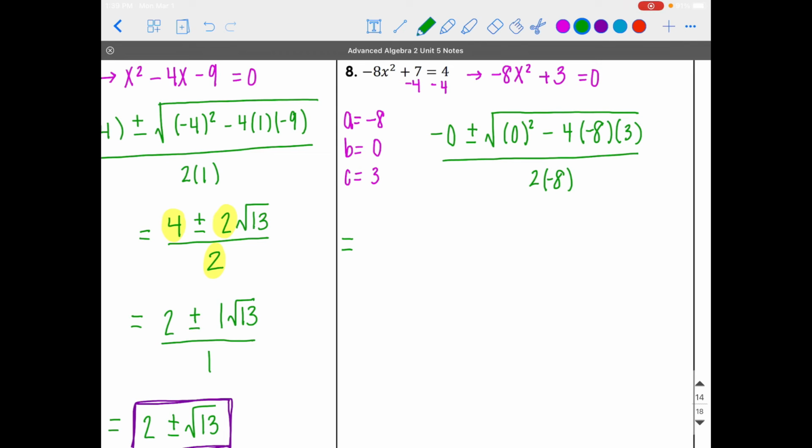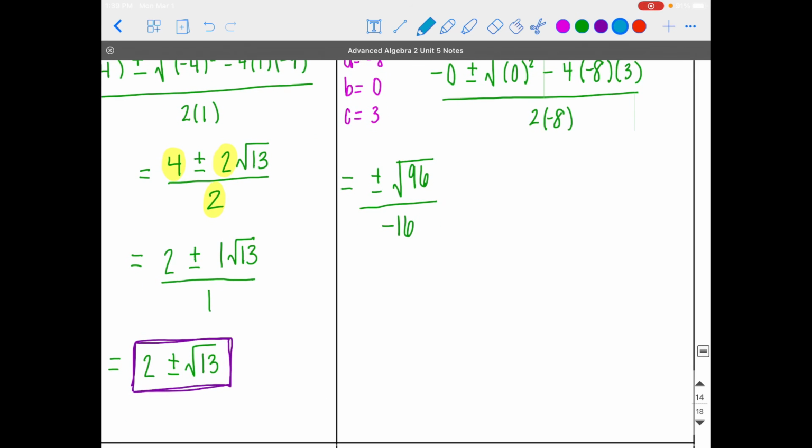All right, -0, that's just 0. We don't even have to write that. So we have plus or minus the square root. Now let's type in 0 squared minus 4 times -8 times 3. That gives me 96. All of that is over -16. All right, square root of 96. 96 divided by 49?